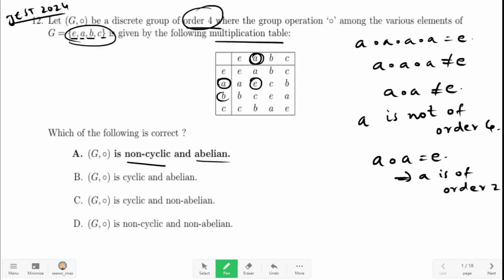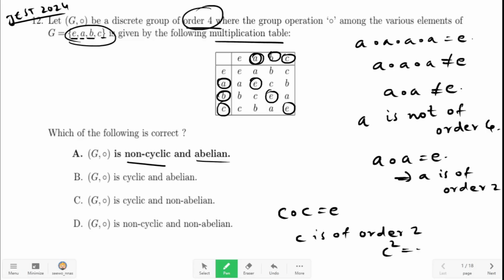Similarly, B operating on B gives us E, and C operating on C gives us E. So C is of order 2, because C square is coming out to be identity. And similarly, B operation B is also identity, so B is also of order 2.